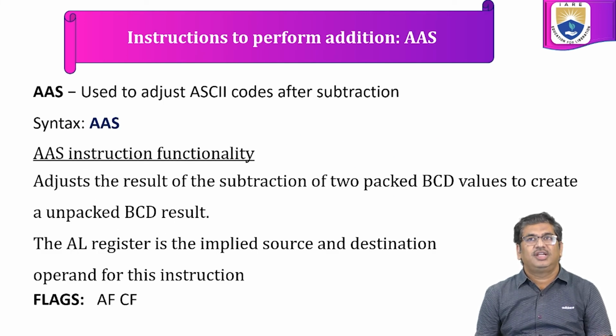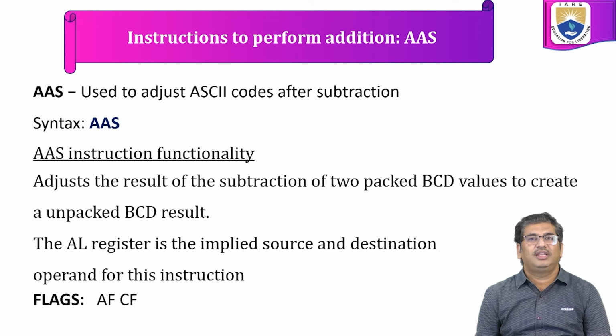The next instruction is AAS, which stands for ASCII Adjust after Subtraction. This instruction is used to adjust ASCII codes after subtraction. The AAS instruction we have to perform after a subtraction instruction only. The syntax of the instruction is AAS.